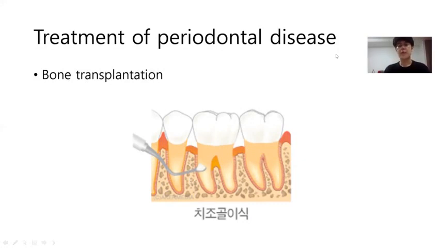So when the bone under our teeth is heavily damaged, we can do the treatment for teeth. For example, we have a foundation for an implant, but if our alveolar bone is heavily damaged, it can't be set firmly. So we have to transplant the bone for the next surgery.